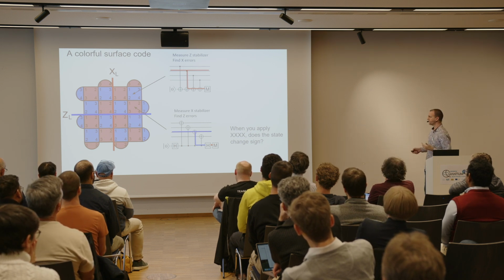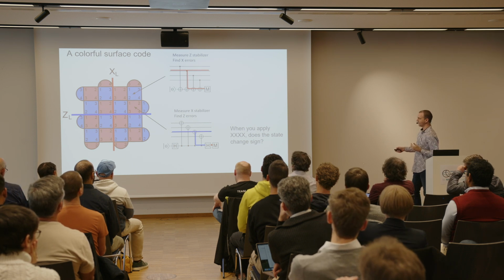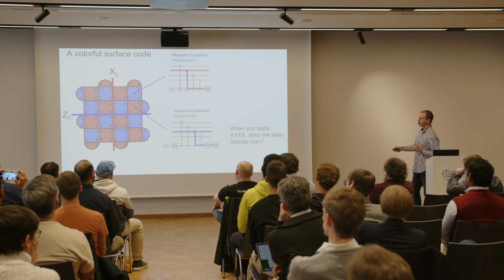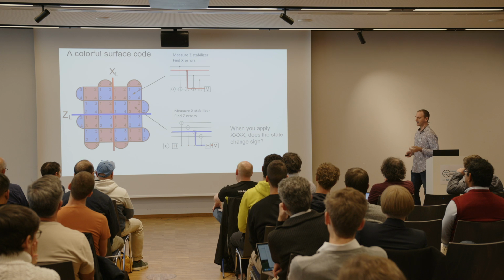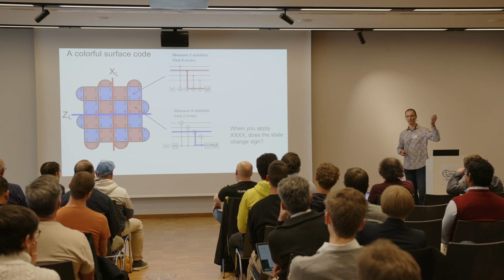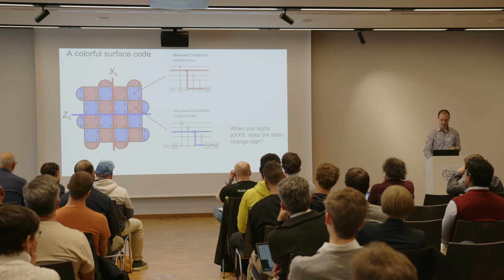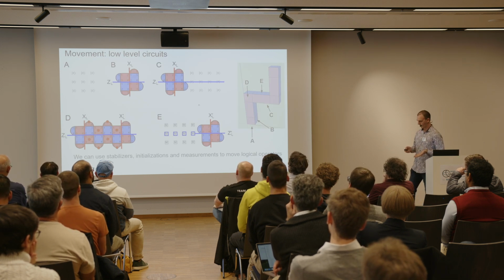It also reminds you that this thing measures a particular stabilizer. This object here is red, and if you apply an X, X, X, X operator to that surface, either it does nothing or it introduces a global -1 phase. Why is that important? Because we're going to use stabilizers to move operators around.